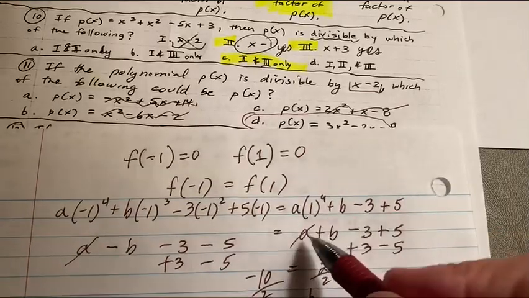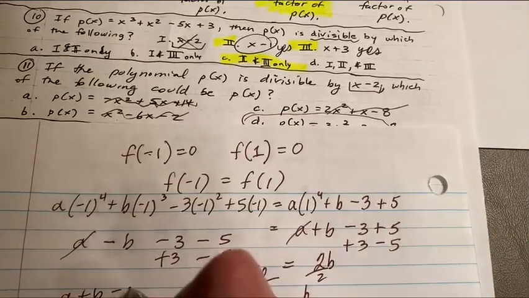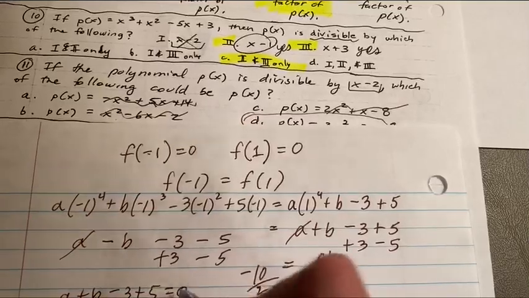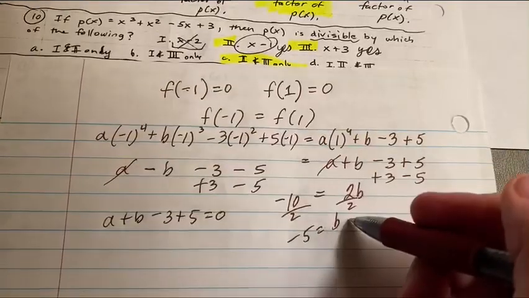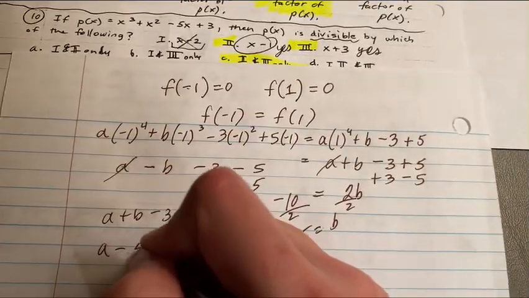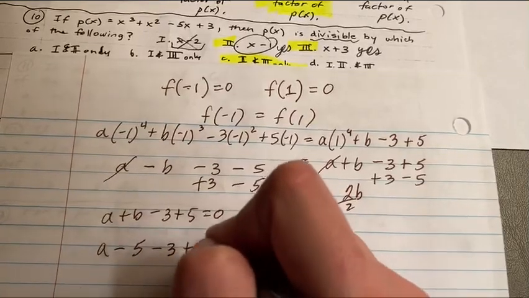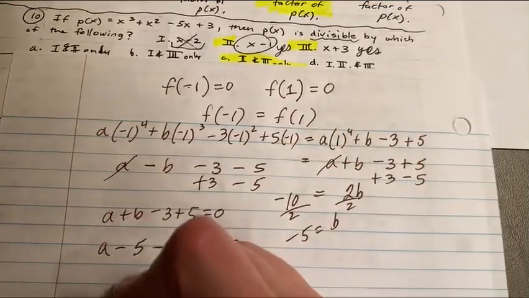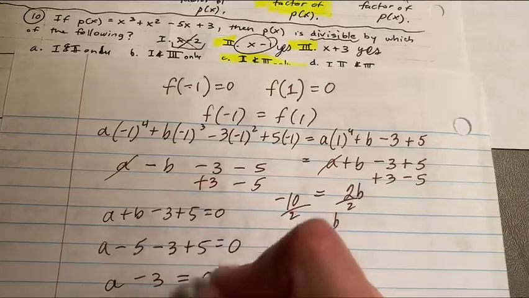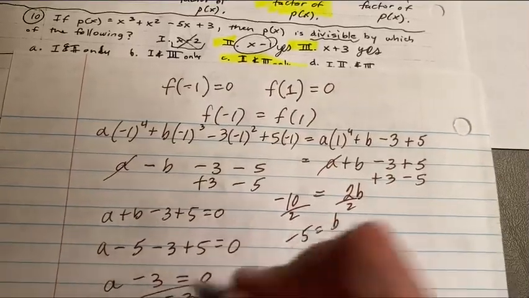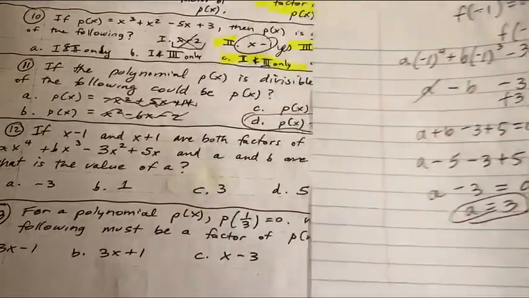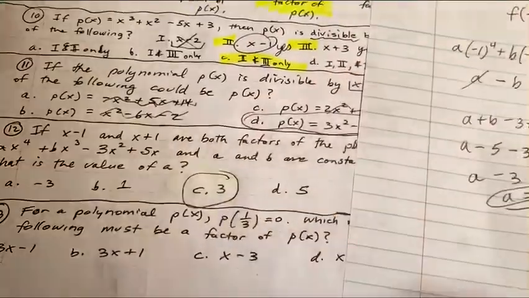Okay, so we also know that a plus b minus 3 plus 5 has to equal 0. And we said b is -5. So we have a minus 5 minus 3 plus 5 has to equal 0. So a minus 3 is equal to 0. So a is 3. Whew. So a is 3.